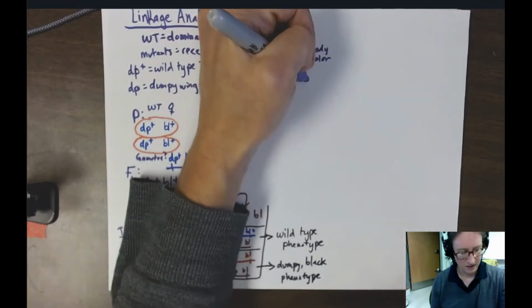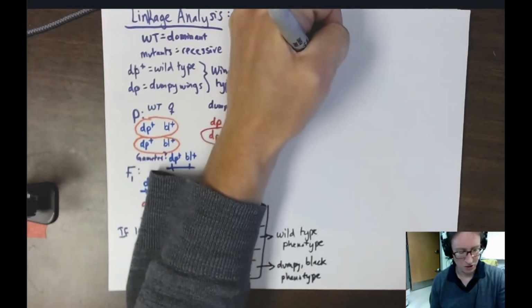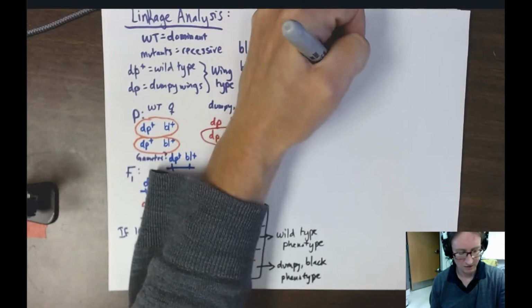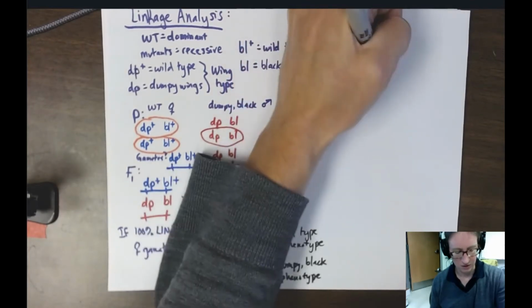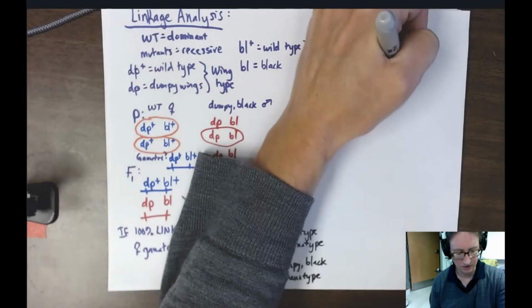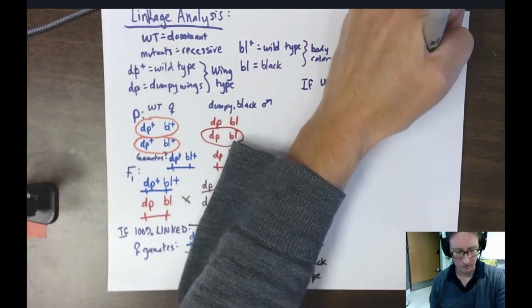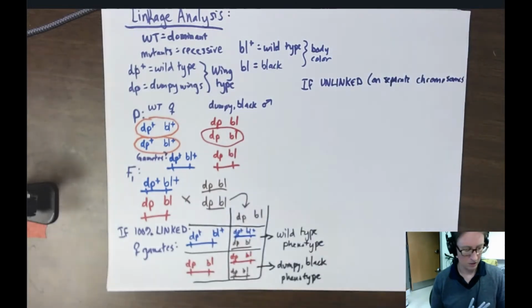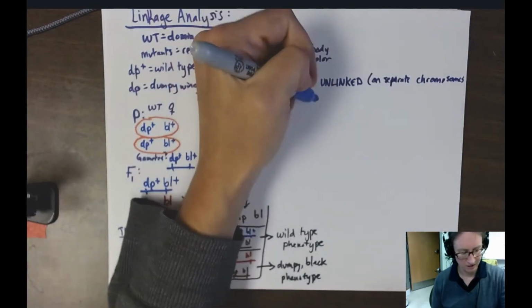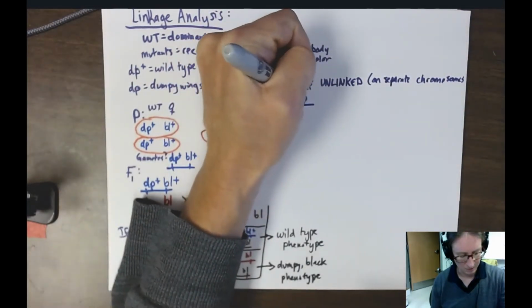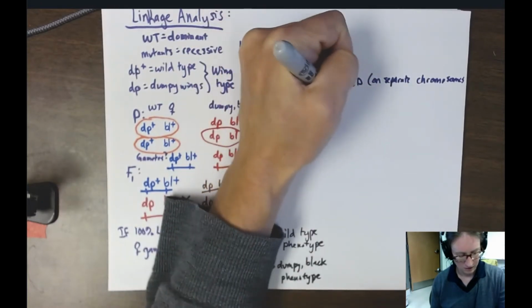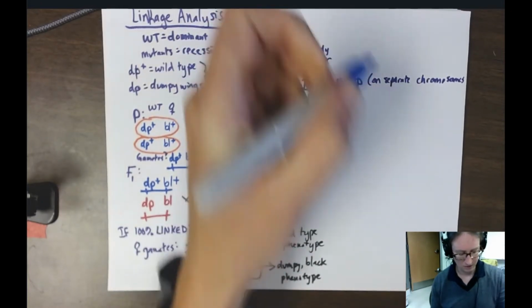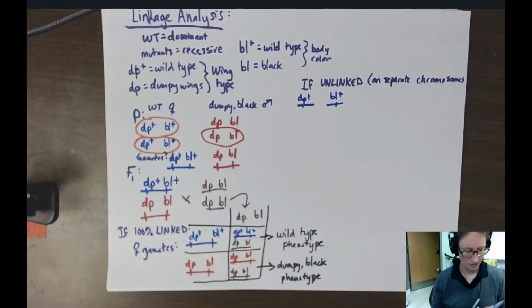What about if the genes are unlinked? In other words, they're on separate chromosomes. Right? So that's going to look something more like, here's my DP+, here's my BL+, and the mother.